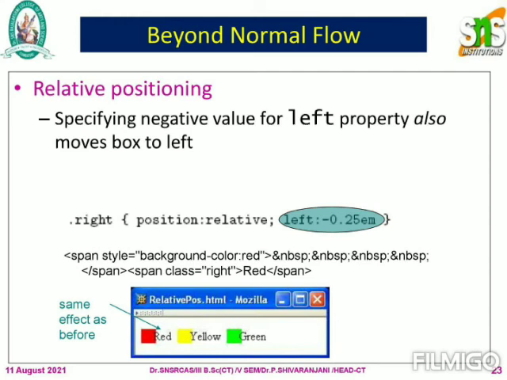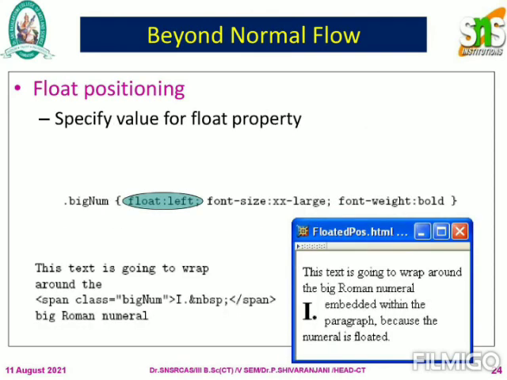Now for float positioning, this helps you specify the value for the float property. Here I have used a big num, so it should be floating, right? The I is the floating element, it should be floated left, and the size has been xx-large and the font weight is bold. Okay.